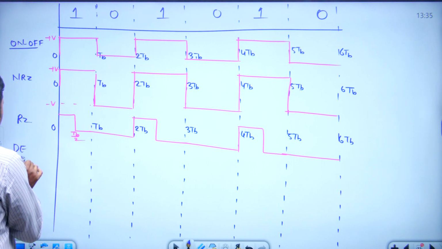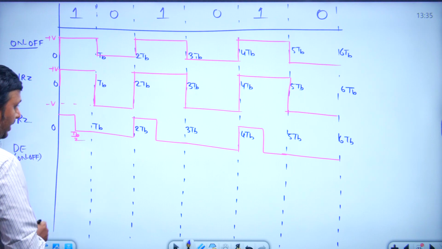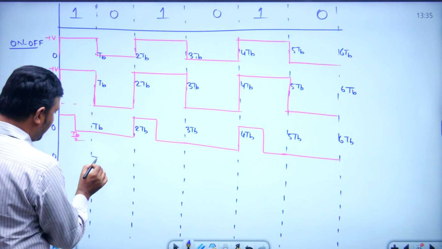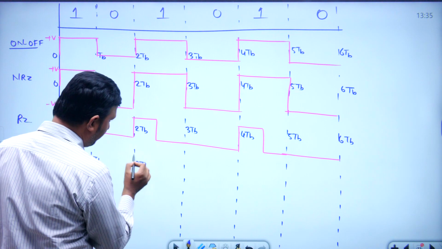After this, differential encoding, and let us use on off as the scheme. As I told you, in differential encoding the output depends on the previous level.